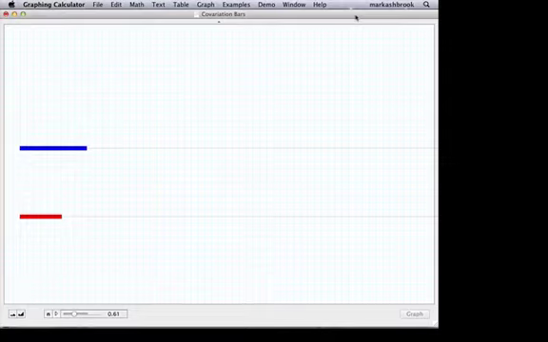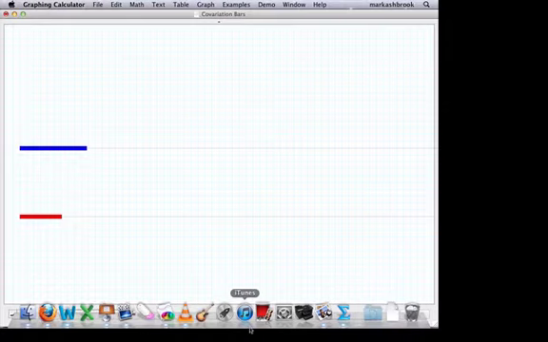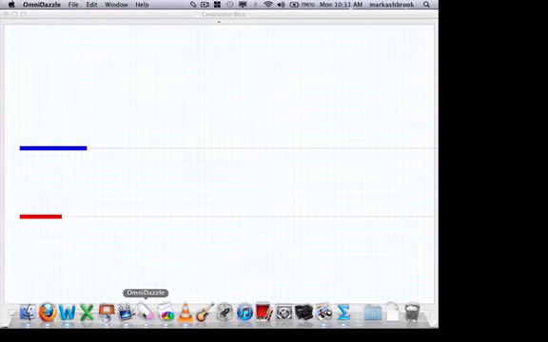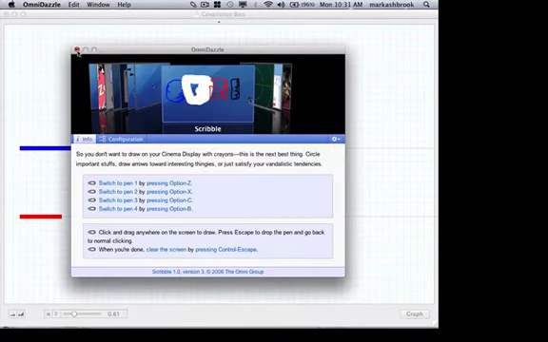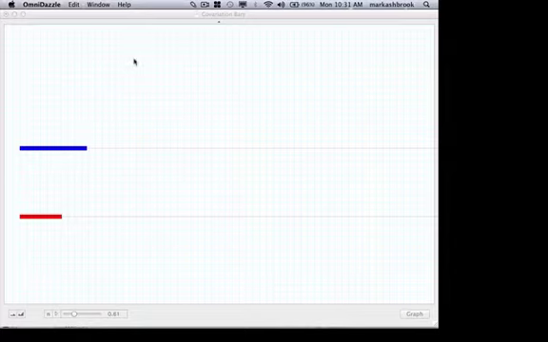So what's the relative size of blue with respect to red? Make an estimate. Go.